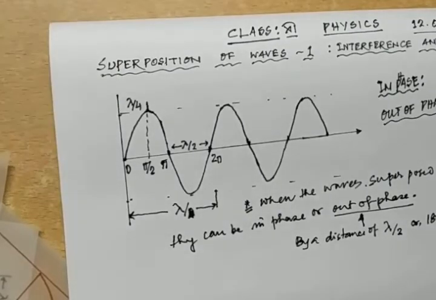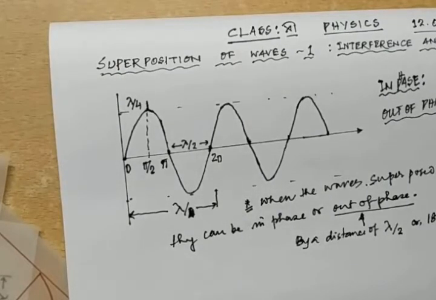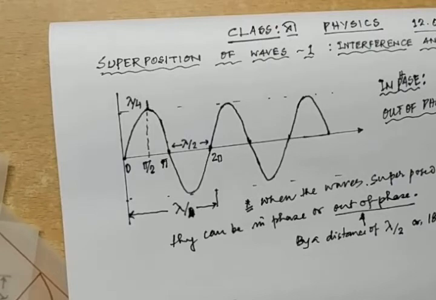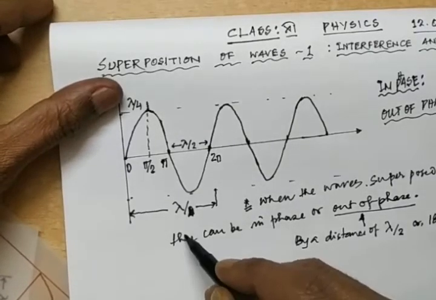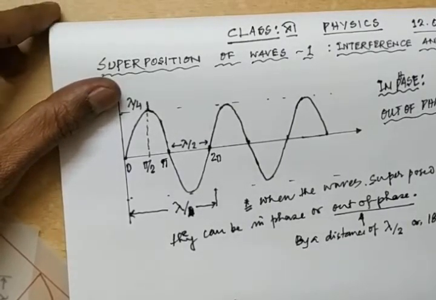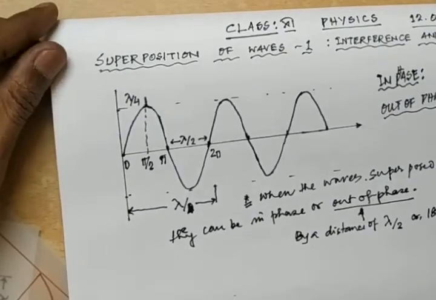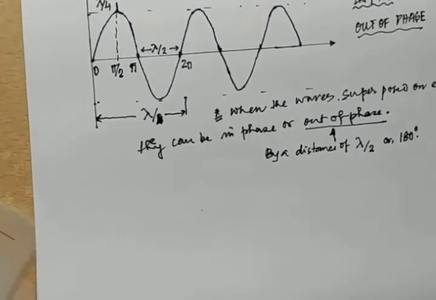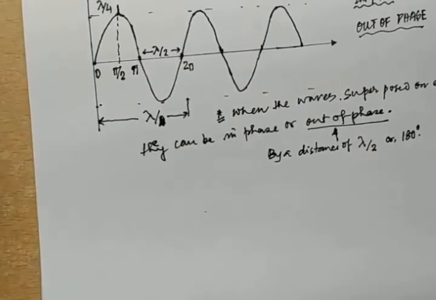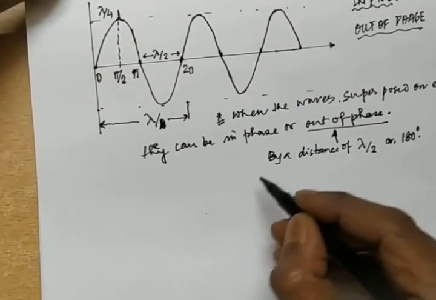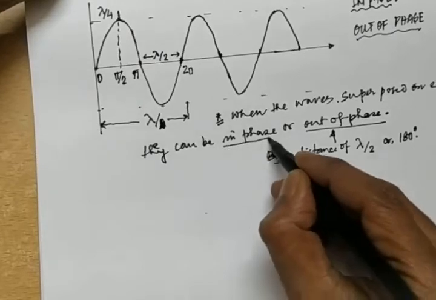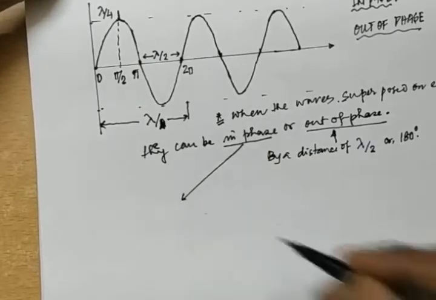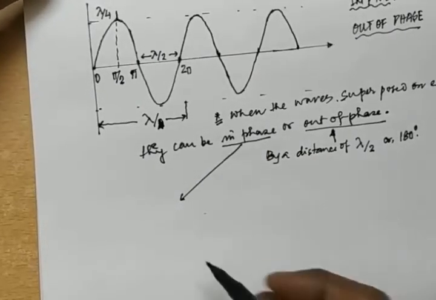Okay? So when the waves superposed or superimposed on each other, they can be in phase or out of phase. So when they superpose on each other in phase, there is a thing called, remember what happens in phase. In phase, what will happen?